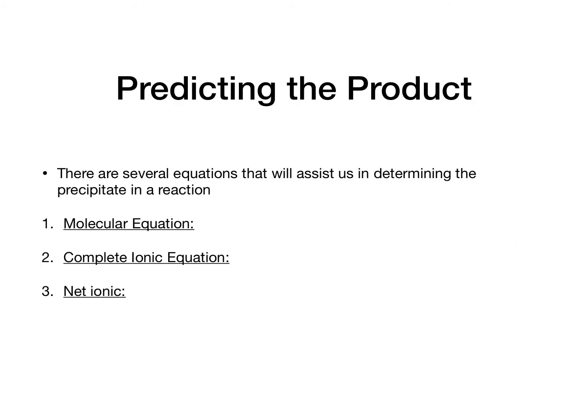So it turns out that there are several different equations that we're going to use, and we're going to write most of these. So a molecular equation is, frankly, a complete, balanced equation. This basically means it's the same equation that we've been writing, but now you're going to generate the products. So a complete ionic equation shows all ions.